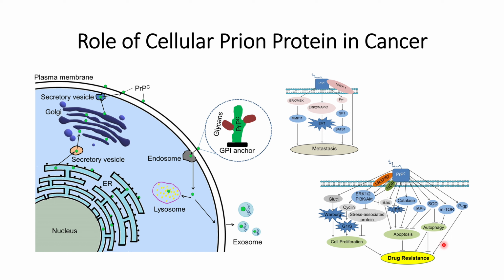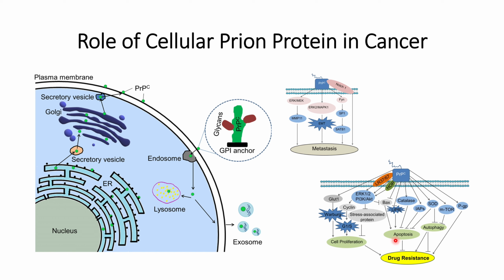If those pathways are inhibited, the chance of tumor cell death will be reduced. These things are done by the cellular prion protein.